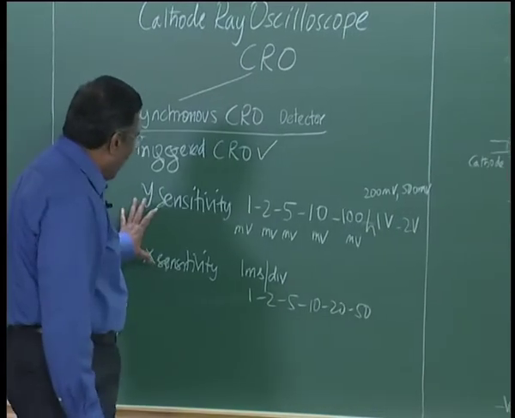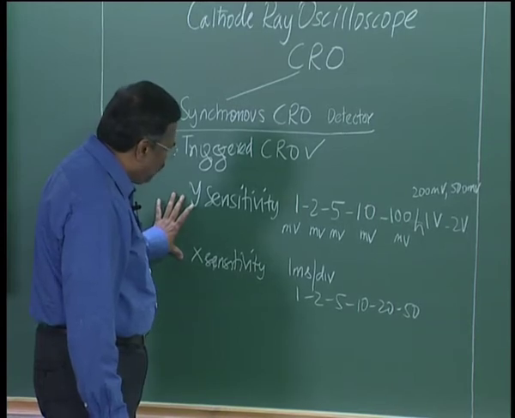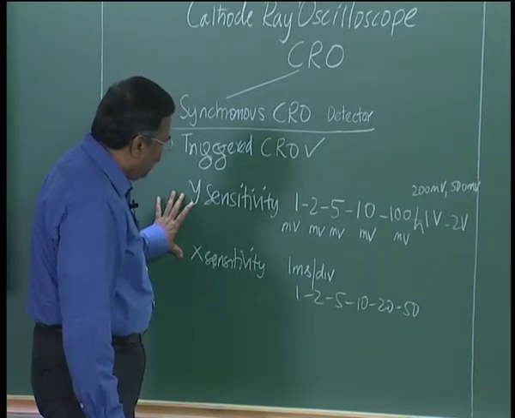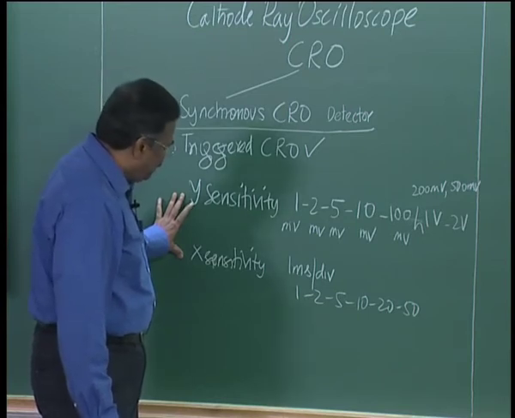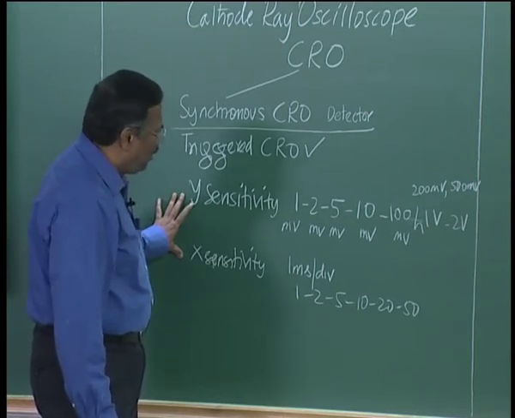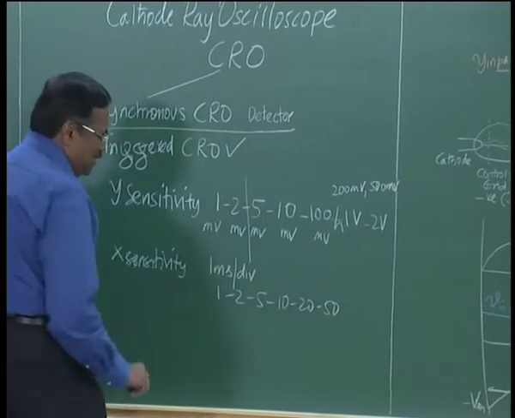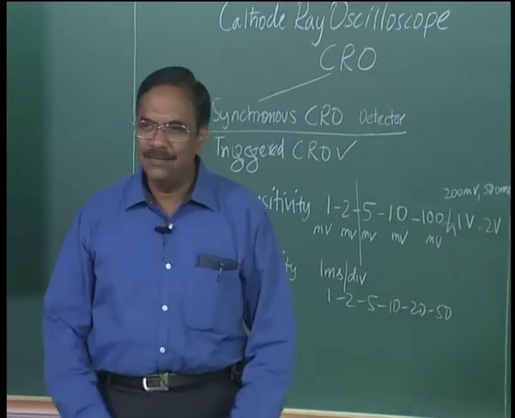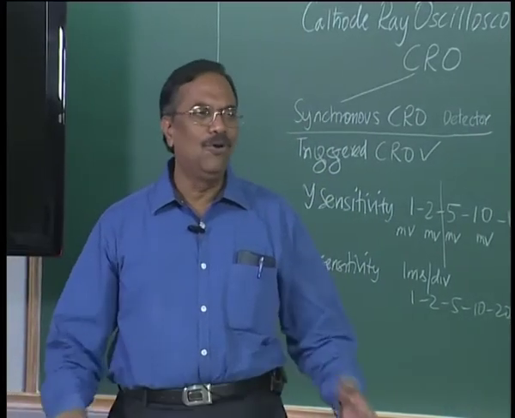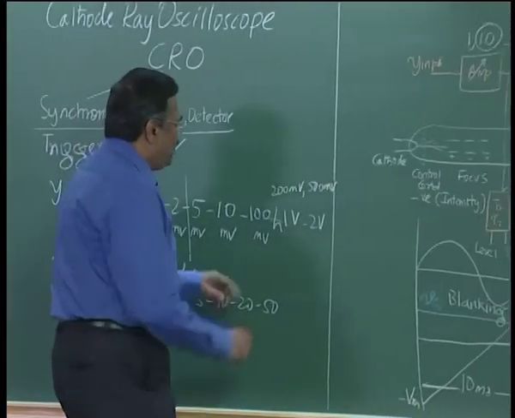Now, if we look at the sensitivity, the most common oscilloscope would start with 5 millivolts; 1 millivolt is a little difficult to get. So, if you look at a normal low cost oscilloscope, it will start with 5 millivolts and end with 5 volts.